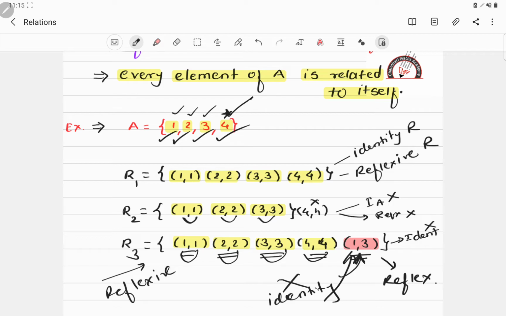So it is not an identity relation, but it is a reflexive relation. So friends, please note down all these small factors which differentiate the identity relation from the reflexive relation.